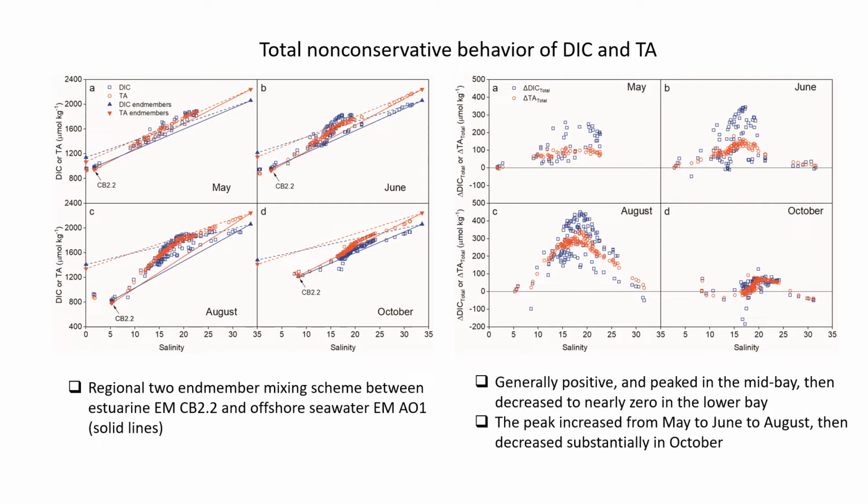That means some process added DIC and TA to the water column. The additions of DIC and TA reached their peak in the mid-bay, then decreased to nearly 0 in the lower bay, and the peak value increased from May to June to August, and decreased substantially in October.